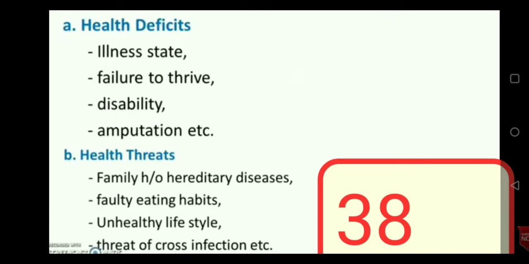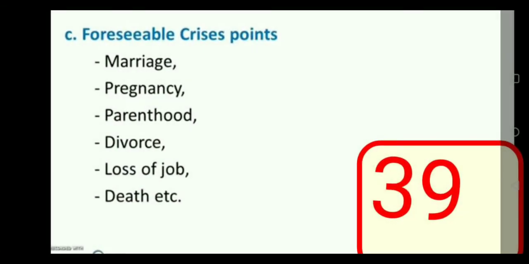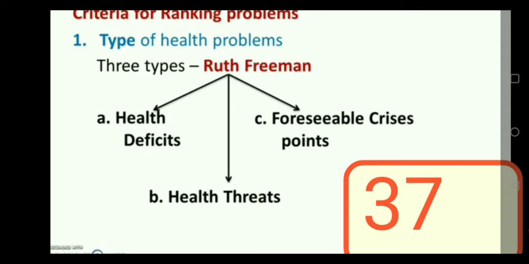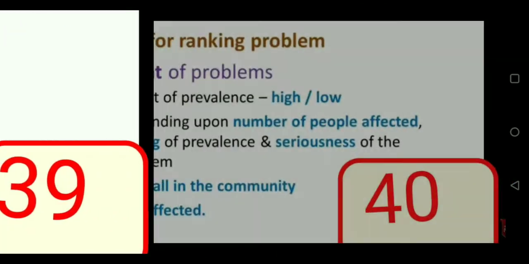Here we will learn about family history, hereditary diseases, faulty eating habits, unhealthy lifestyles, and threat to cause infections. And the third is forcible crisis points, consisting of marriage, pregnancy, parenthood, divorce, loss of job, and death. So these are the 3 points which come under the type of health problems.